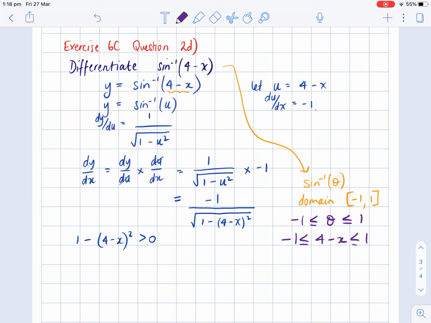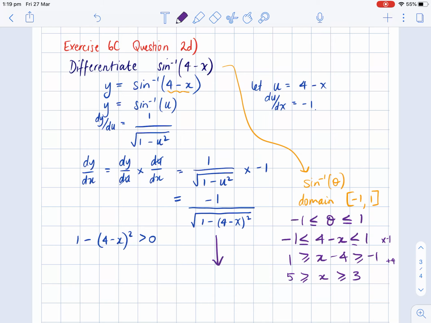Now if I times everything here by negative 1, I flip my signs around and I get x minus 4 is greater than or equal to minus 1 and smaller than or equal to 1, and then add 4 to everything, then I'll end up with a 5 here, x in the middle, and 3 on this side.